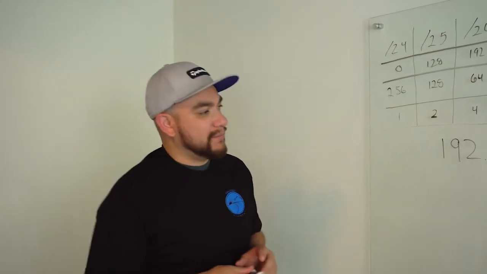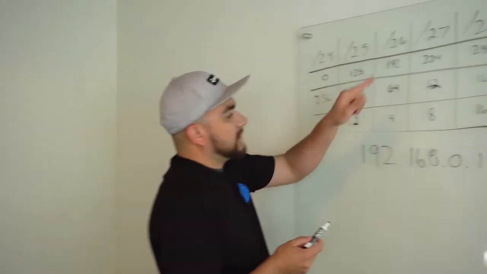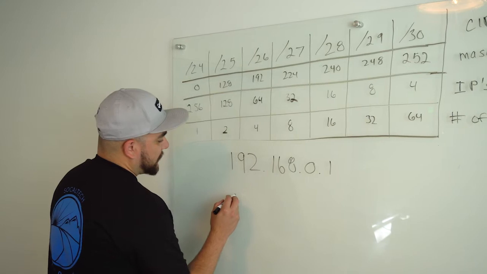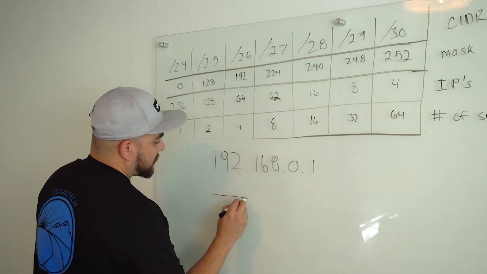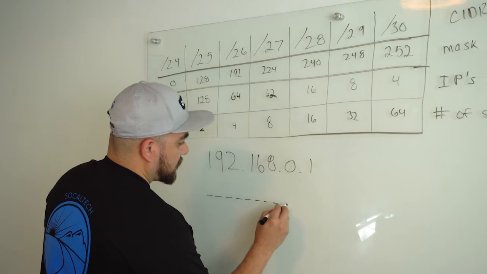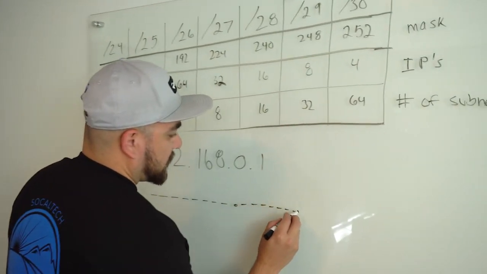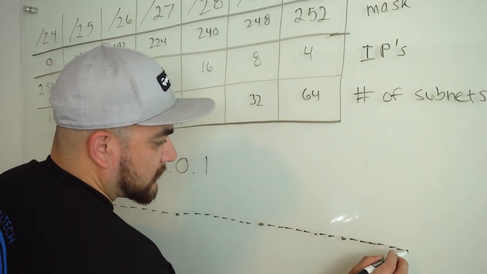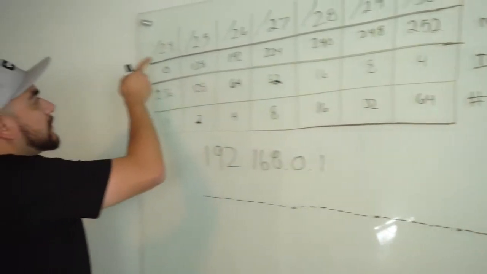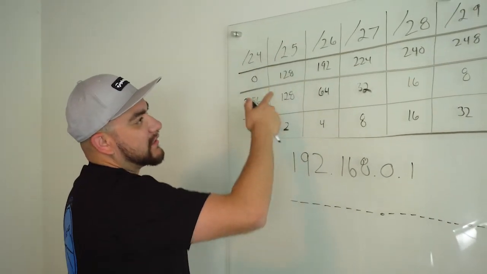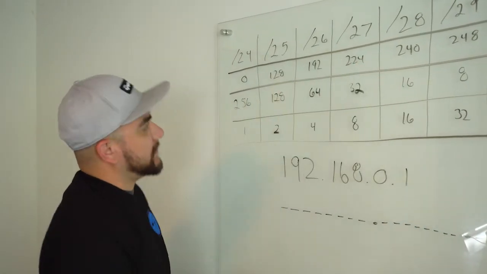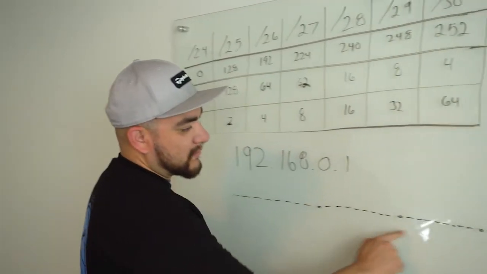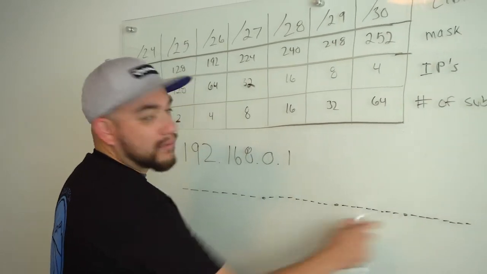Okay. So when we go back to the bits, when you see a /24 or /25 going to /30, what it means is that all the bits up to 24 are being used.